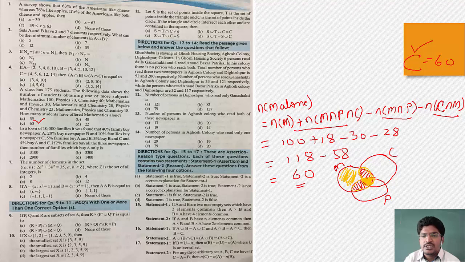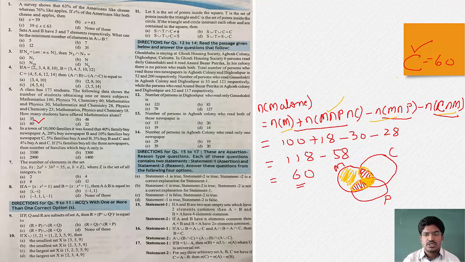That is why we add this particular term to n of M before subtracting M intersection P and C intersection M. If you add this n of M intersection P intersection C, you will get the correct data of n of M. From that you can separate M intersection P and C intersection M. Clear? So our answer is C, that is 60.